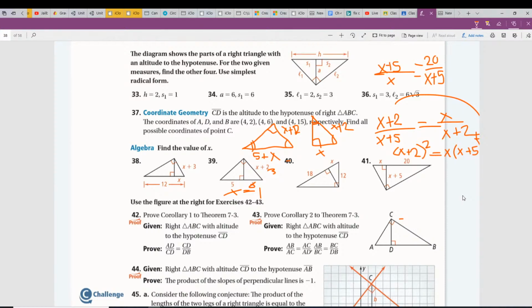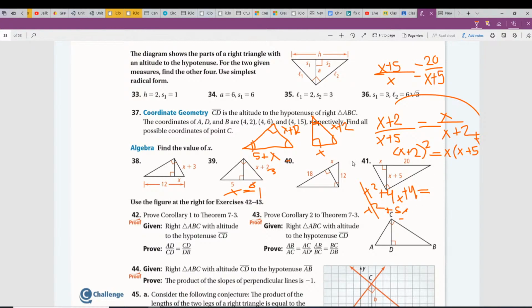This is basically geometric mean, but we can't really take the square root of a quadratic, or at least it will be kind of hard to do that. So x plus 2 squared, x squared plus 4x plus 4, is equal to x squared plus 5x.